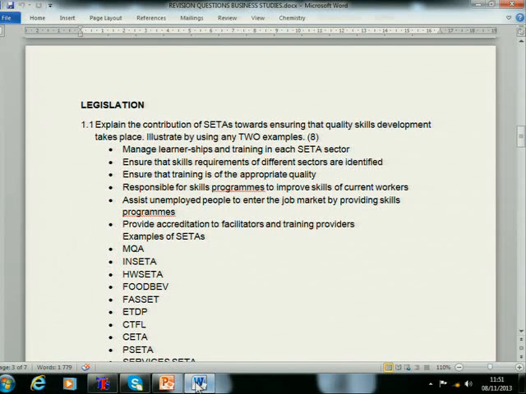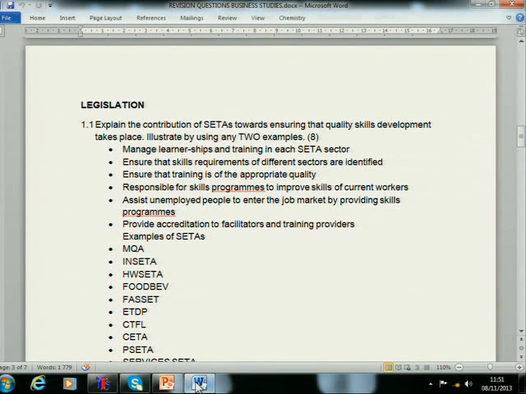One of them was: explain the contribution of CETAs towards ensuring that quality skills development takes place. Illustrate by using any two examples. This is a direct question which can appear in Section B, and the information that was given there is also going to assist you in answering this one.